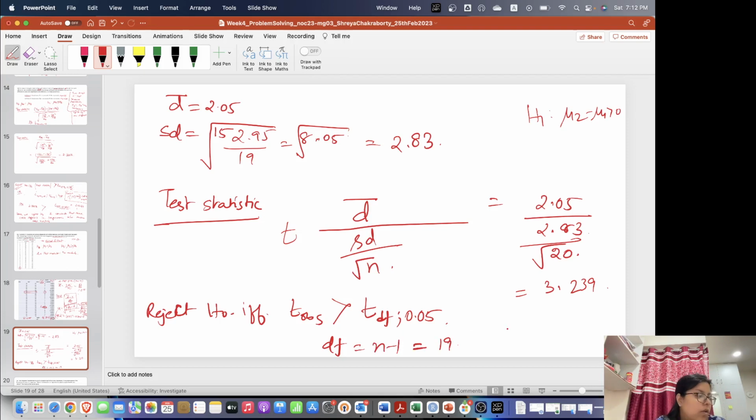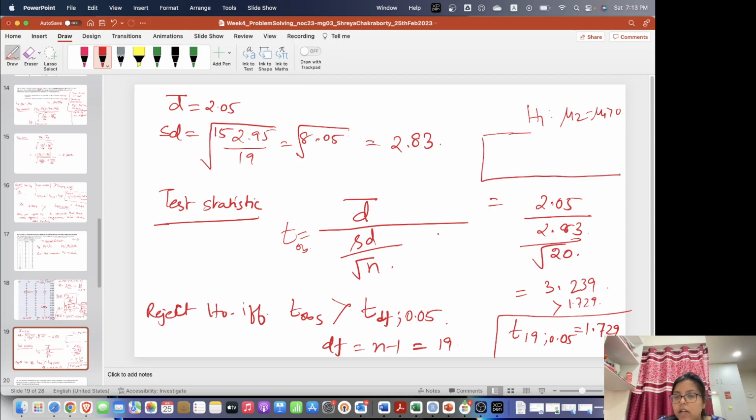So from the table we find that T 19, 0.05 is 1.729. So since our T observed is greater than 1.729, the conclusion is we reject H naught and conclude that the module improves performance.